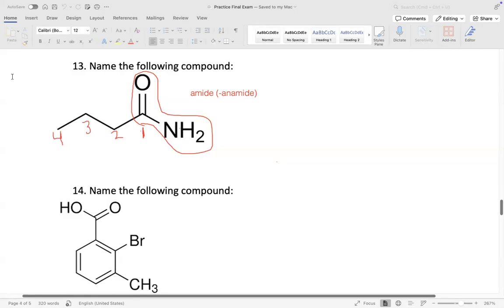And then my next step would be to say if there are branches and how to identify them, but there are no branches in this case, so this just makes it butanamide. All right, so questions?